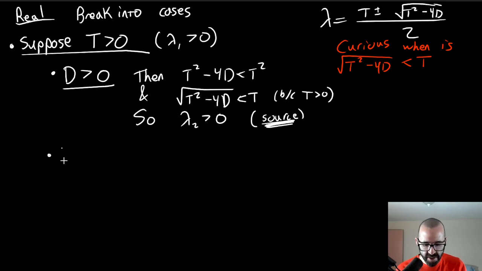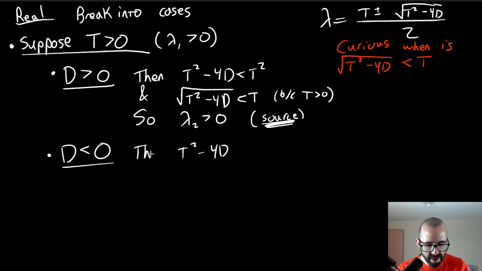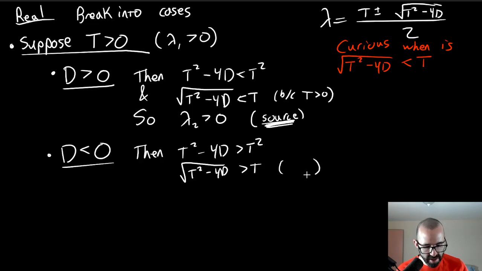What happens if d is negative? Well, the exact same thing kind of goes, right? If d is negative, then when we subtract 4d from the left side, it makes it bigger. So similarly, the square root of t squared minus 4d is bigger than t, and again, t is still positive, which we still need.